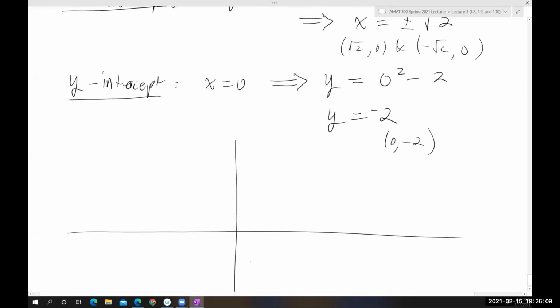So the y-intercept is down here, this will be (0, negative 2), and then the x-intercept may be here, and the other one might be here, and this will be the point (negative square root of 2, 0), and this will be (square root of 2, 0). And then you just open it up like a parabola like this, connect the dots.